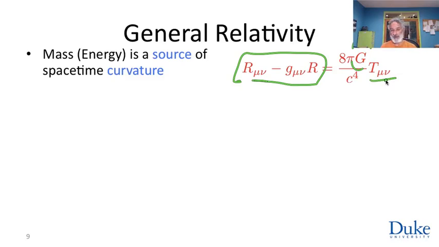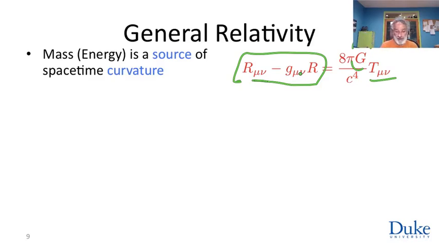And this T object is the energy momentum stress tensor. This is our characterization of the flow and amount of energy and momentum at a given point in space and time, or at a given event. So at a given event, you have this acting like the electric charge, and this is a differential equation that tells the gravitational field how to respond. You can solve this equation.